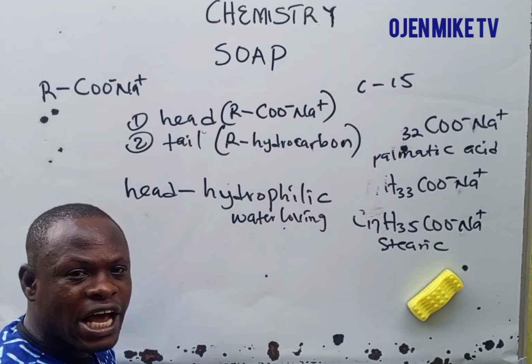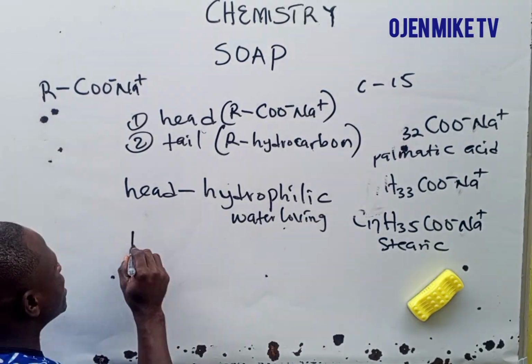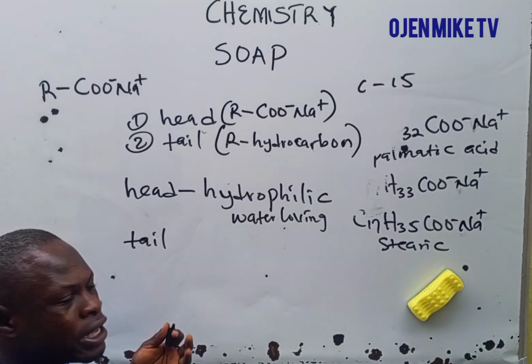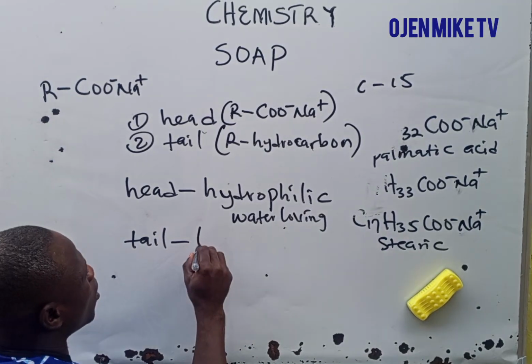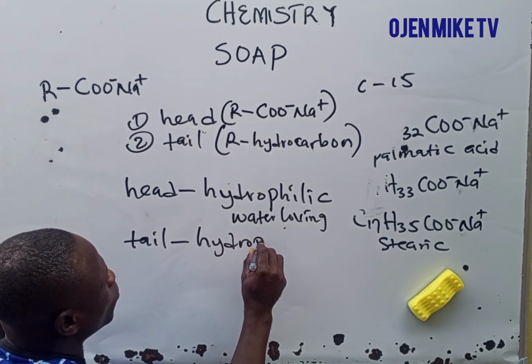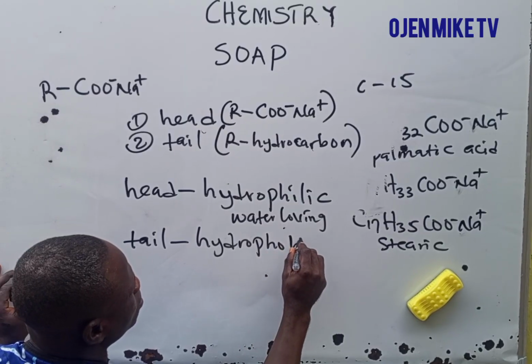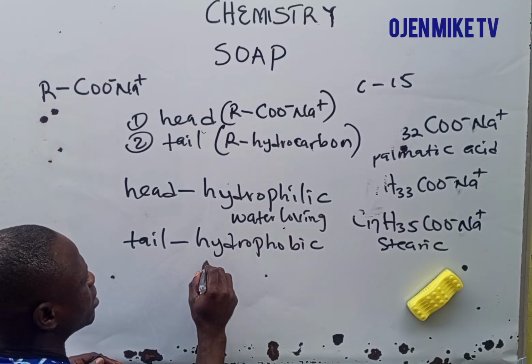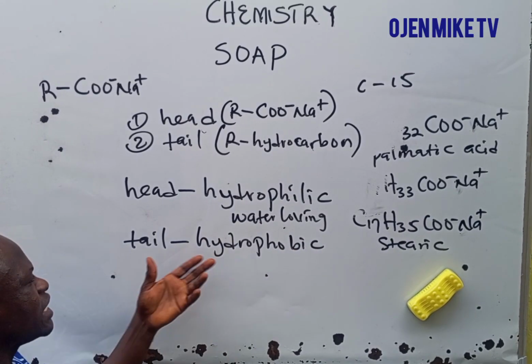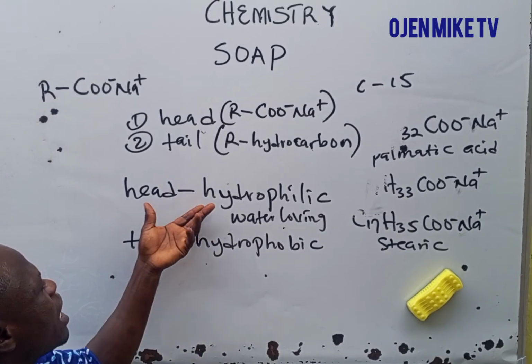That is to say that it dissolves in water, while the tail is a water repellent. So it is called hydrophobic. Water repellent. It repels water. The tail repels water, and the head loves water.